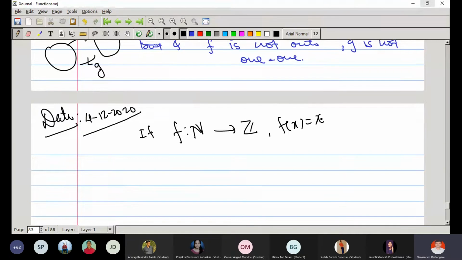And I will define g from integers to natural numbers. So this is my set x, this is y. Now f is a function from x to y, and g is a function from y to x. What function am I going to define?